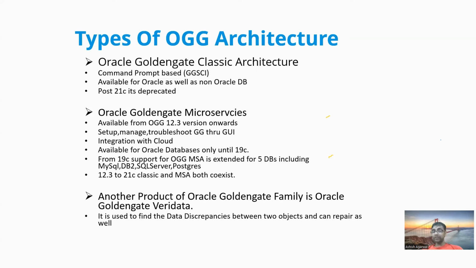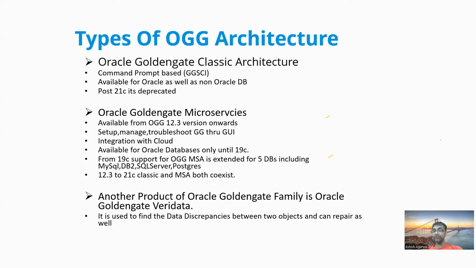Oracle GoldenGate microservices is available from GoldenGate version 12.3 onwards. It allows you to set up, manage, troubleshoot and configure GoldenGate through a GUI. It allows better integration with cloud. It is available for Oracle database only until Oracle GoldenGate microservices 19c. From 19c onwards, support for Oracle GoldenGate MSA is extended to 5 databases, which includes MySQL, DB2, SQL Server, and Postgres.